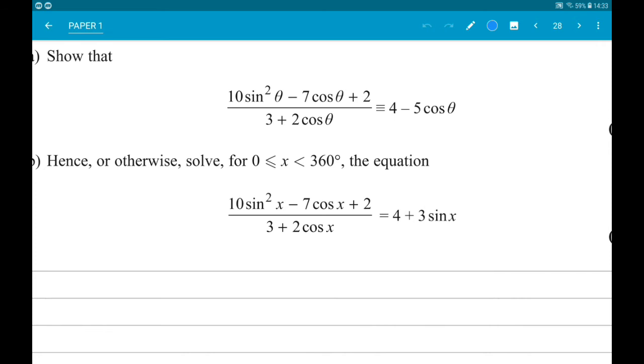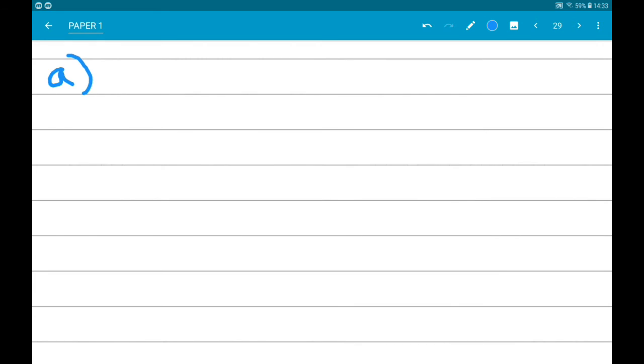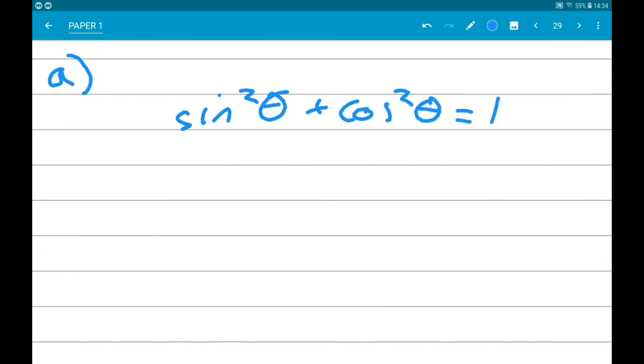So, we know that sine squared add cos squared is 1. So, sine squared is 1 minus cos squared.